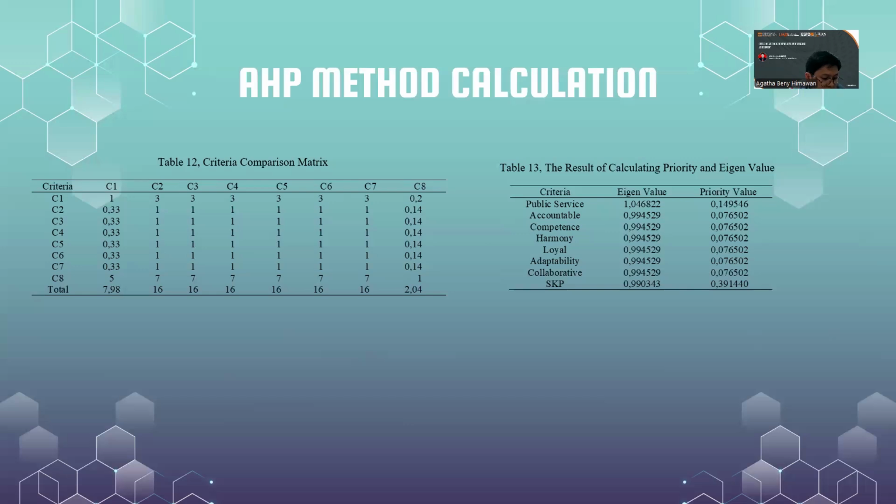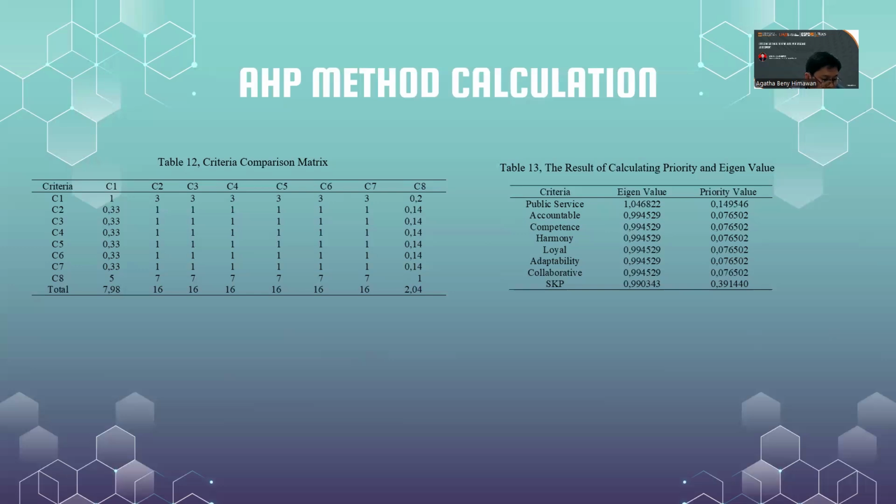Obtaining an alternative ranking requires the consistency index value or CI, the index ratio value RI, and the consistency ratio value or CR. If the CR value ranges from 0 to 0.1, then theoretical consistency is acceptable.